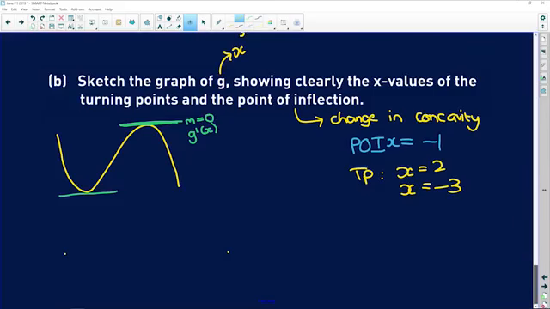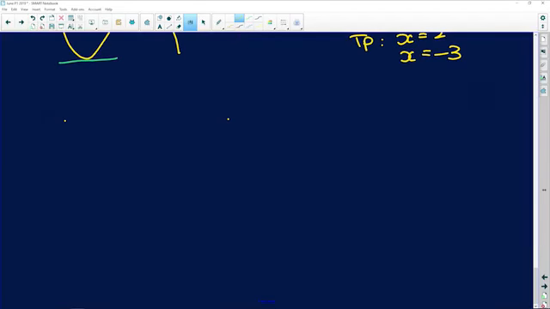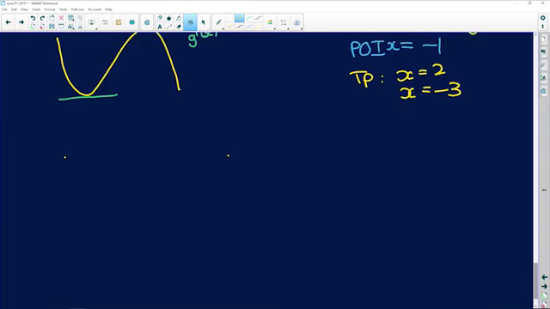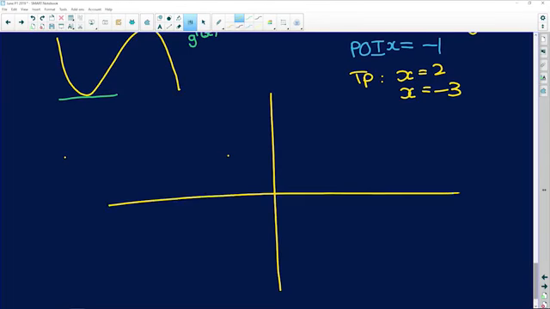Okay, so when you draw your function, you're going to have to indicate these values. Okay, so at x equals 2, we're going to have a turning point. At x equals negative 1, we're going to have the point of inflection. And at x equals negative 3, we're going to have another turning point.